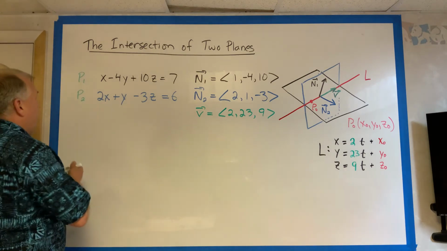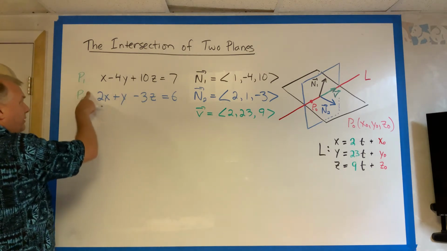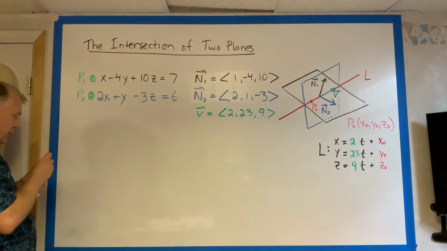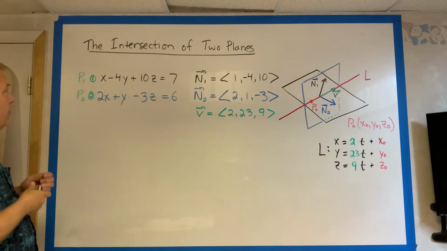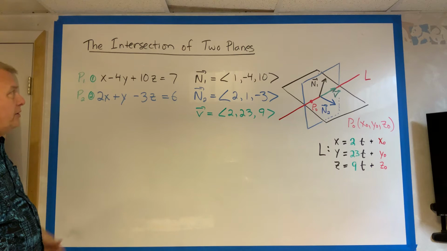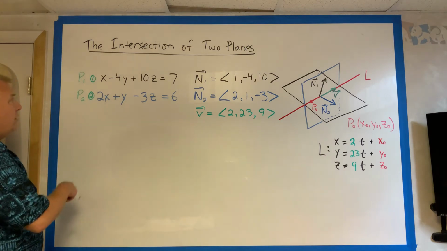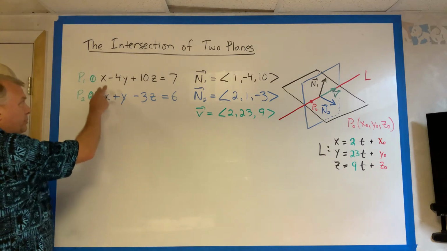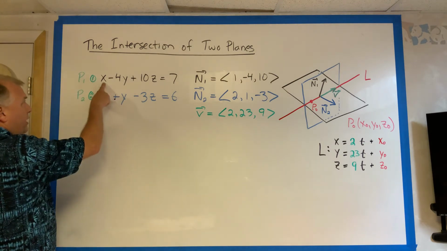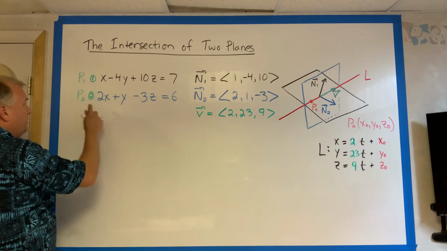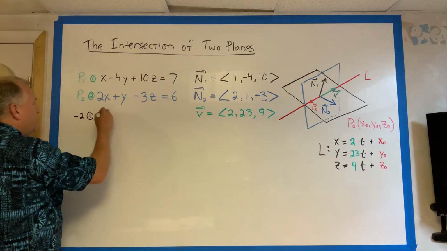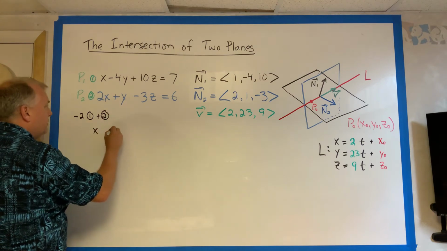So let me name these equations, not the planes, but name them equation 1 and equation 2, just so I can work on them. And the way I'm going to work on them is by eliminating variables until I've gone as far as I can. In algebra class, this might be called row reduction. So if I take -2 copies of equation 1, dump it on equation 2, I change the system to this.